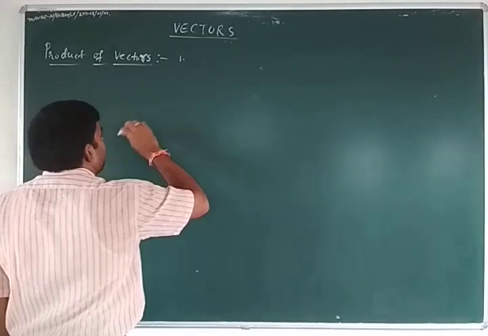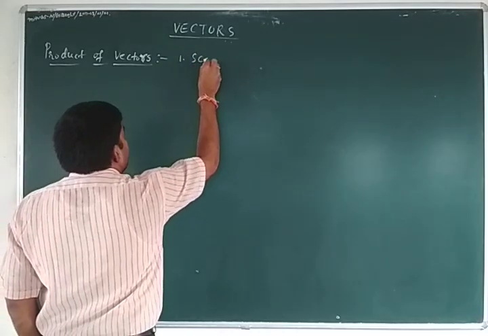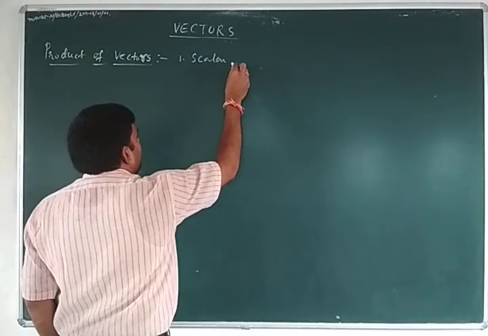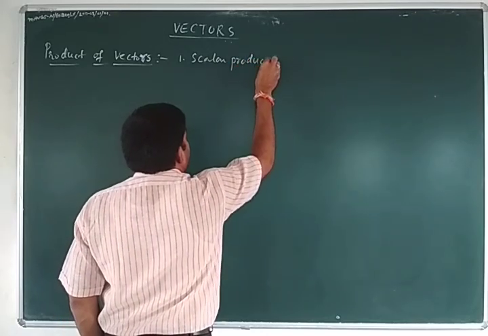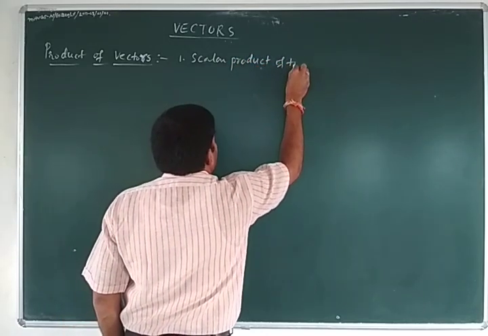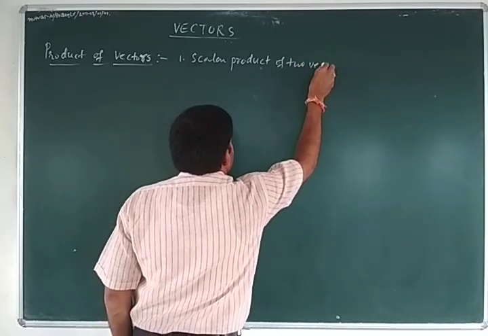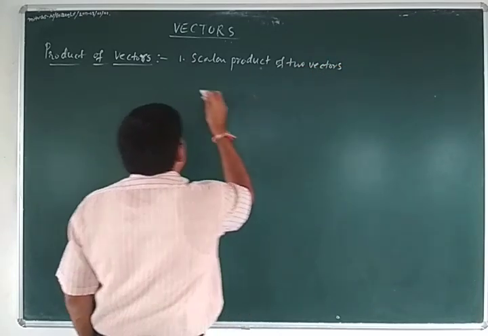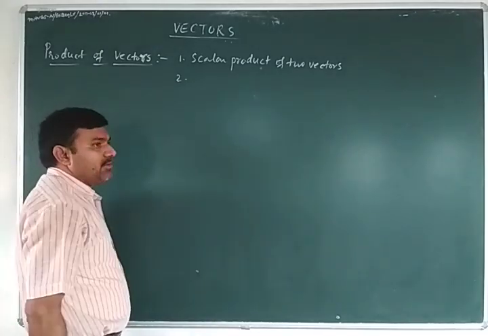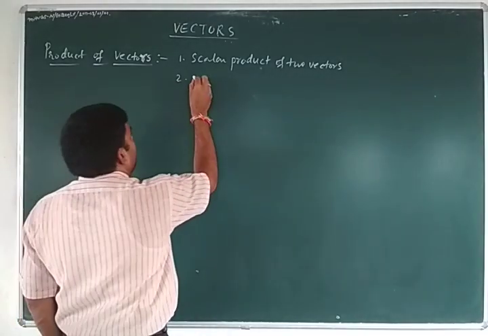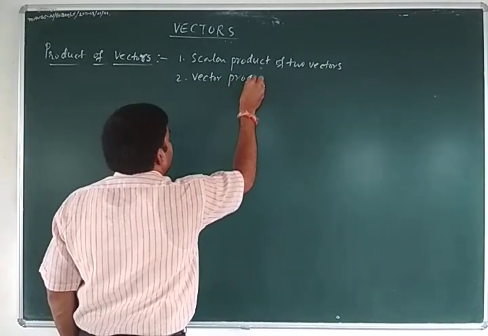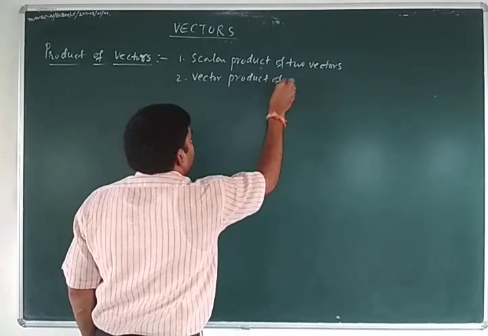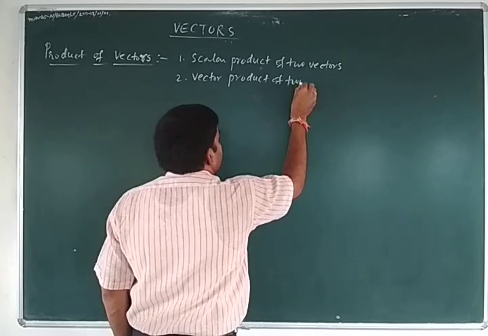One is the scalar product of two vectors, and one more, the vector product of two vectors.